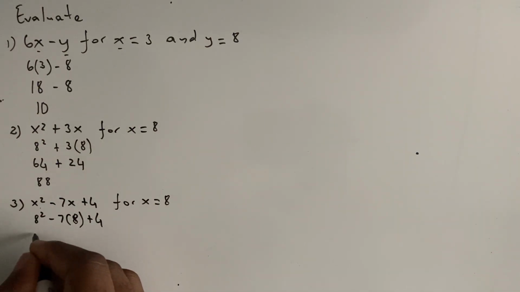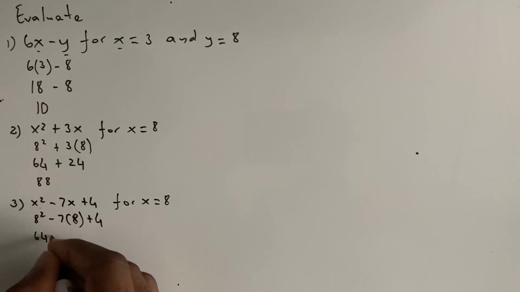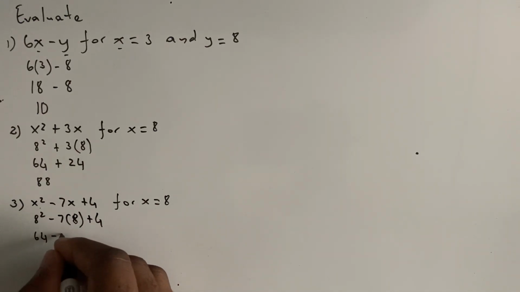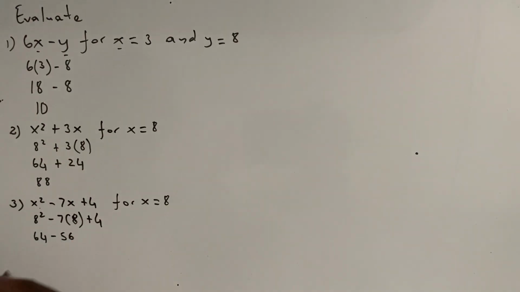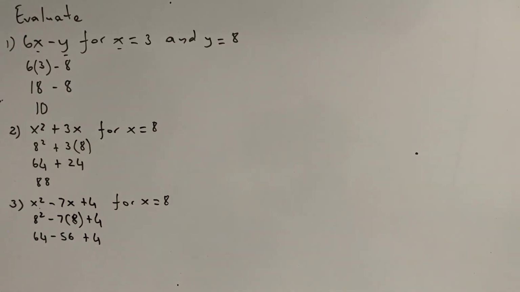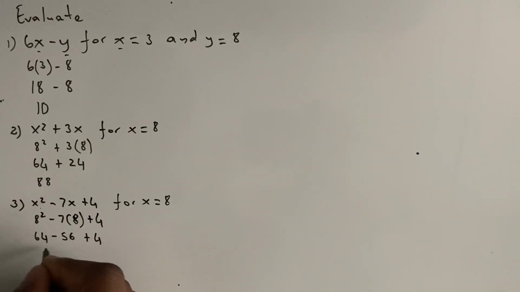8 squared is 64, and we know it. Then 7 times 8 is 56, and plus 4. Now remember, we have subtraction and addition here, so I have to subtract 64 minus 56.